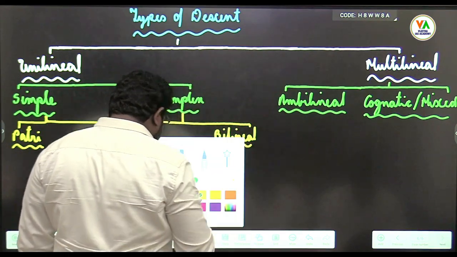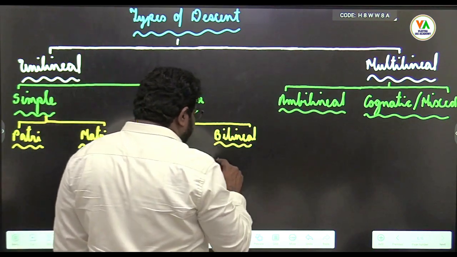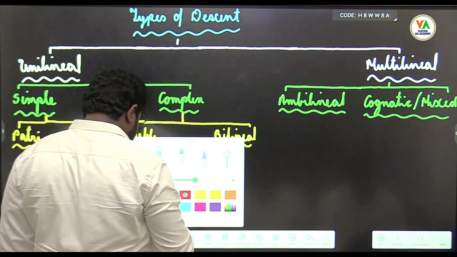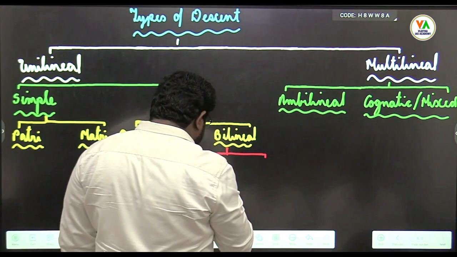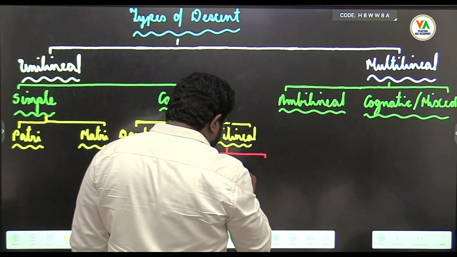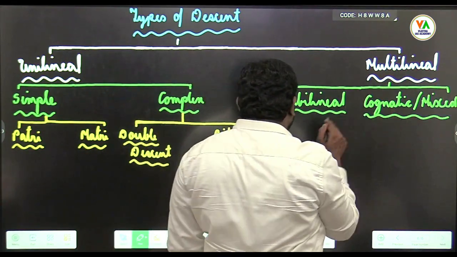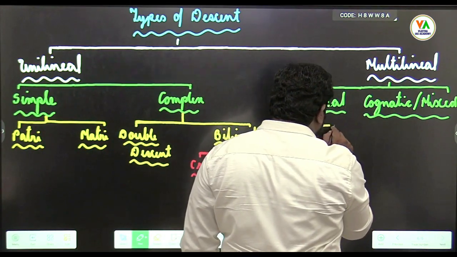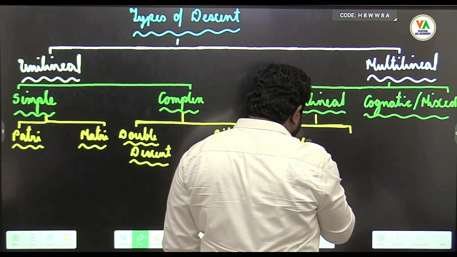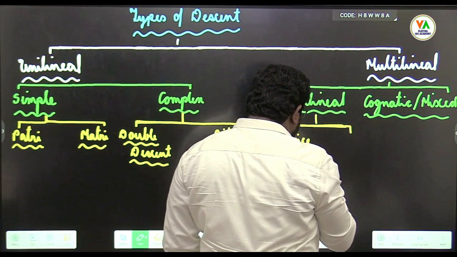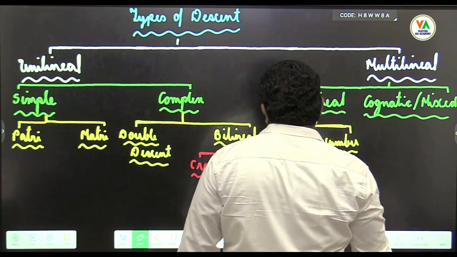In bilineal descent, you have two types: cross and parallel. Ambilineal, you have two types: choice based ambilineal and number based ambilineal.